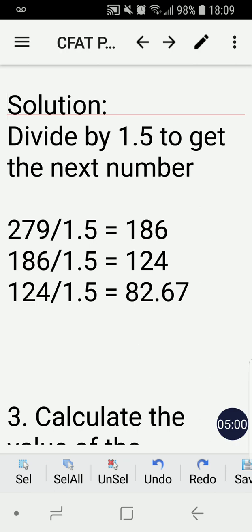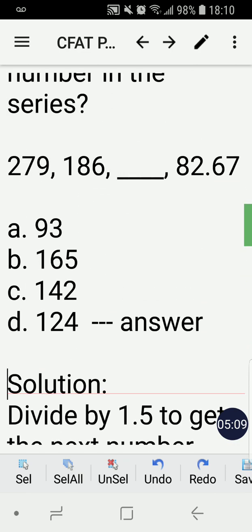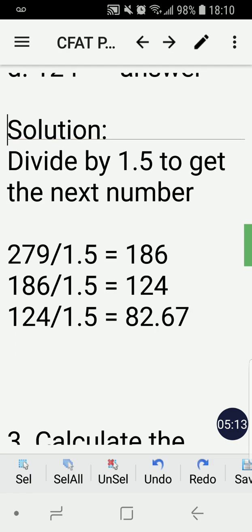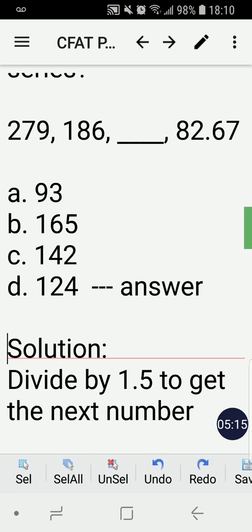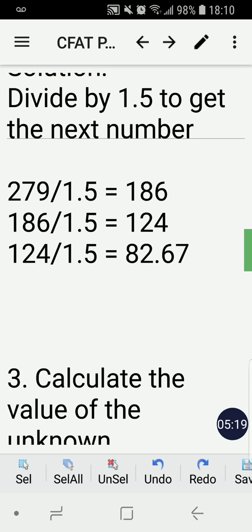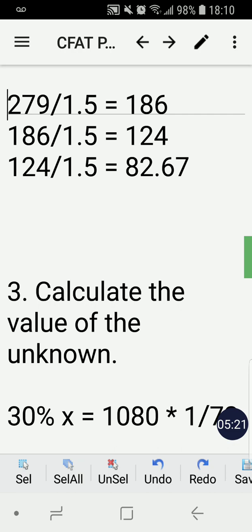We divide by 1.5 to get the next number. The first number was 279. We divide by 1.5, we get 186. Then continuing, 186 divided by 1.5 gives 124, which is the answer.